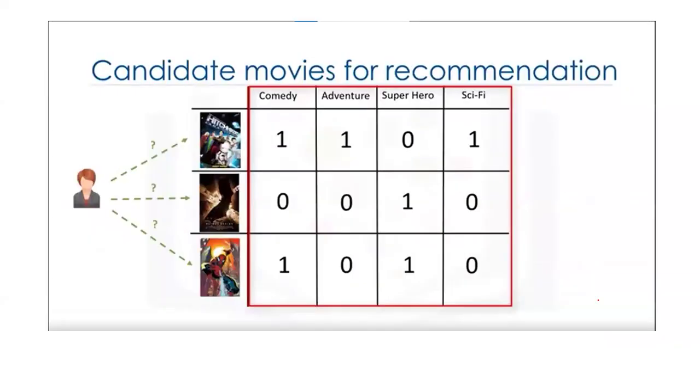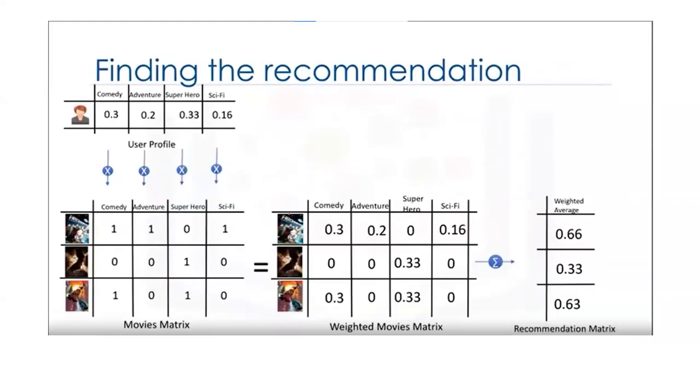Now I will use the list of all the movies which this person hasn't watched, and see which are the candidate movies for recommendations. These are the three movies, and these are the genres of those movies. Now I have to take a call on which movie to recommend.